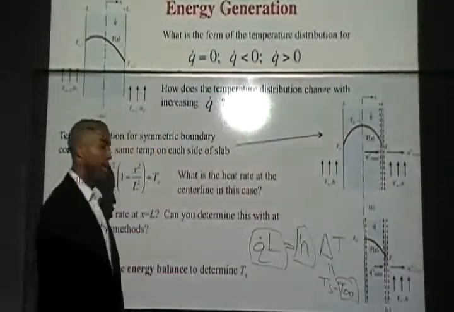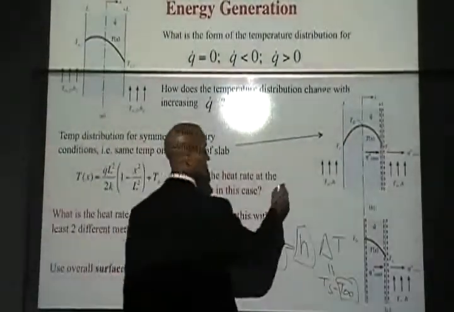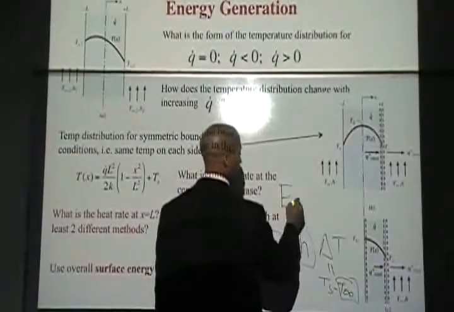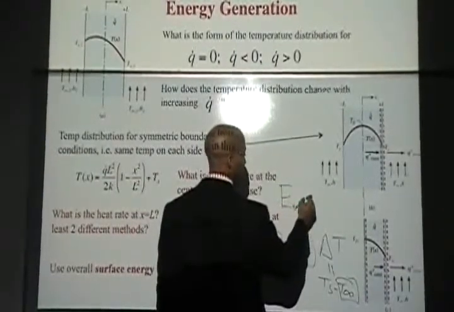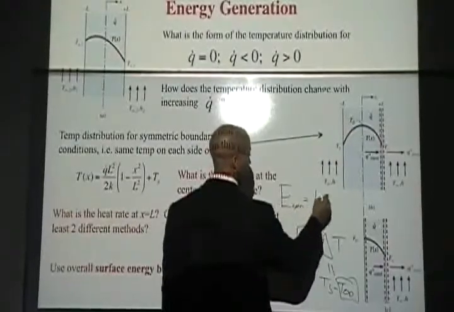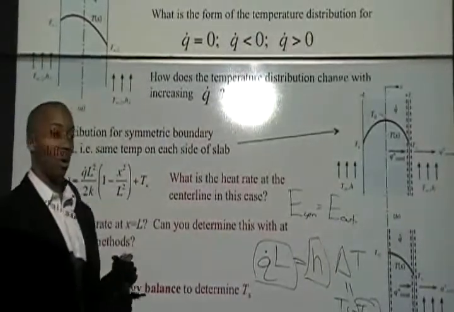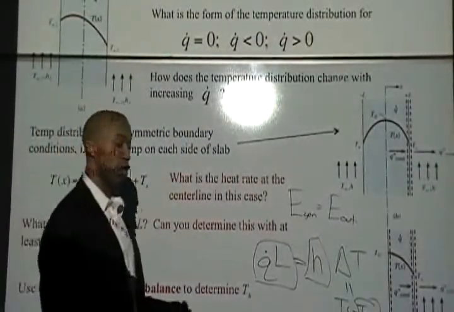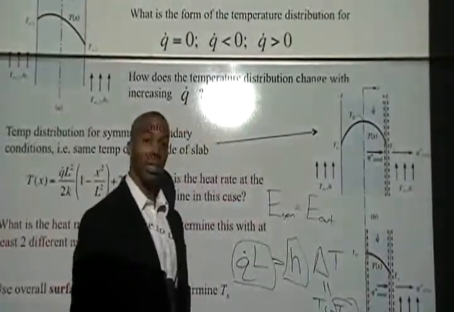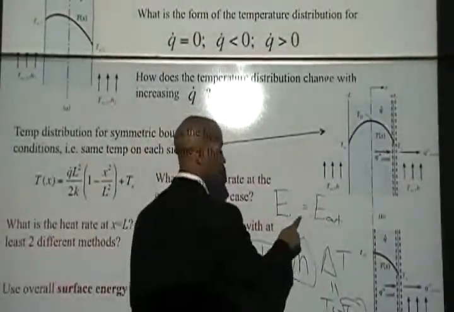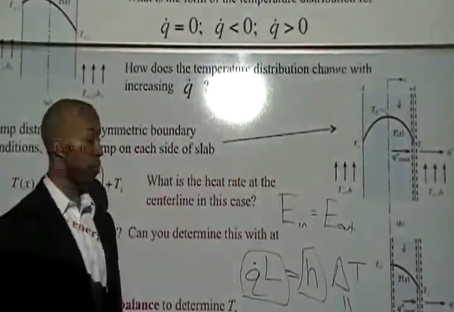So by applying the surface energy balance, which is the same as saying that energy generated equals energy out. That's one way to look at it, if you look at the whole half wall. Or if you look at a surface energy balance, how much energy went into the surface, then it would just be the energy in equals the energy out.